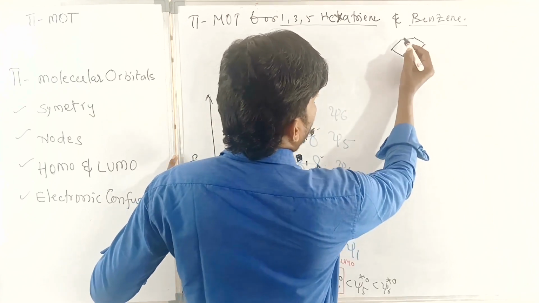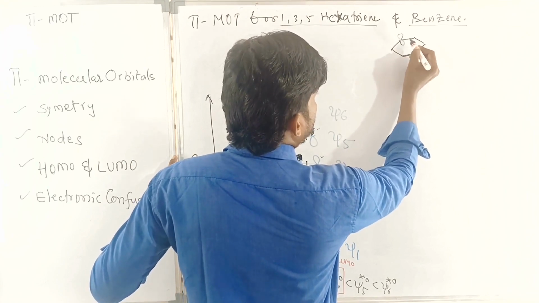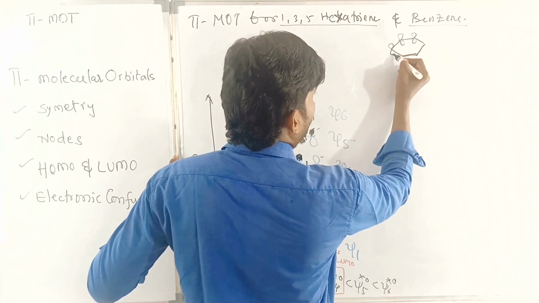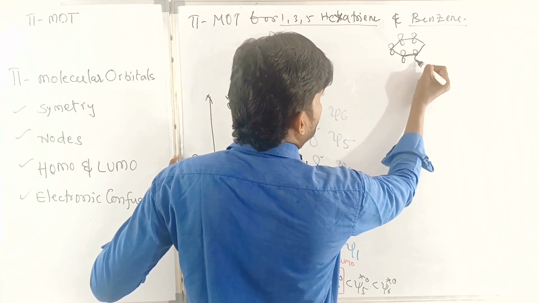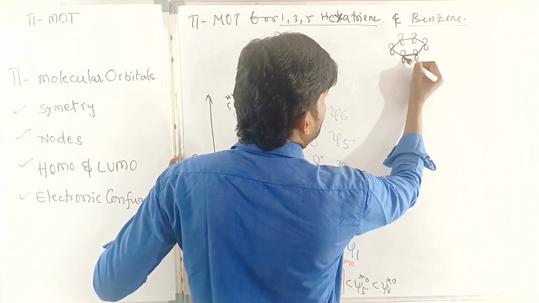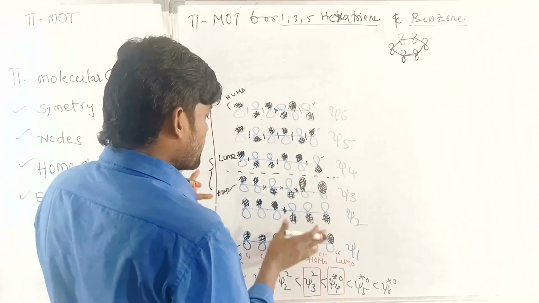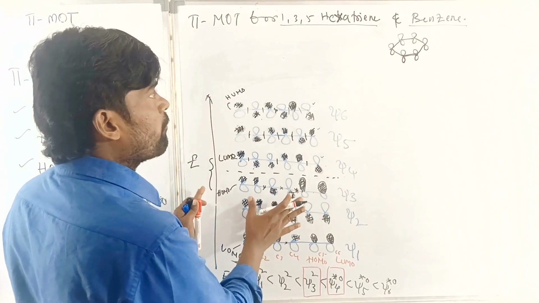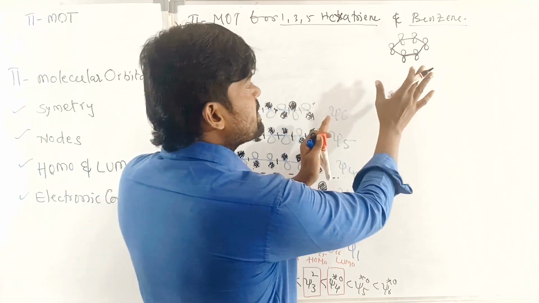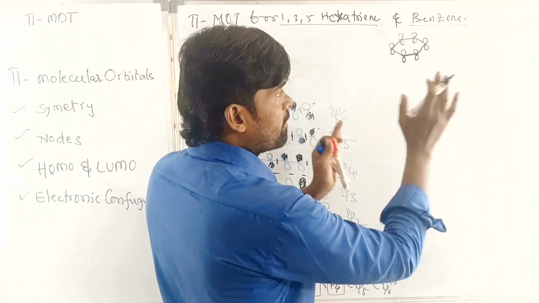This is the benzene structure. 6 carbon atoms are having 6 unhybridized p orbitals in benzene also, but this is the linear structure, 1, 3, 5 hexatriene, but benzene is the cyclic structure. That is the difference.